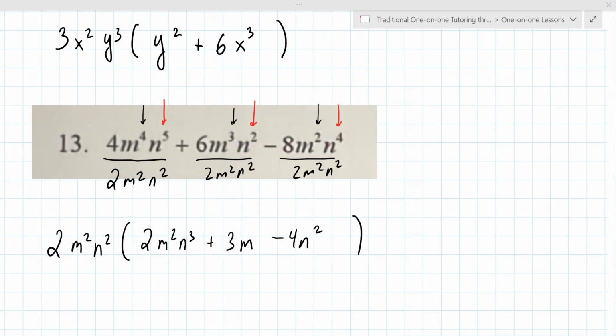Grouping will go somewhat fast. Okay, got it. Fantastic. Okay. So let's look at number 19.